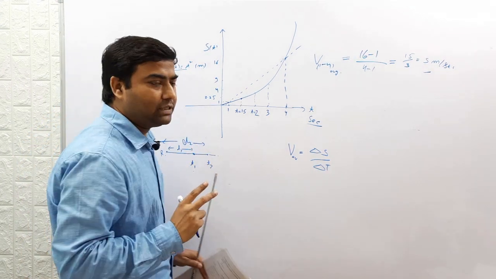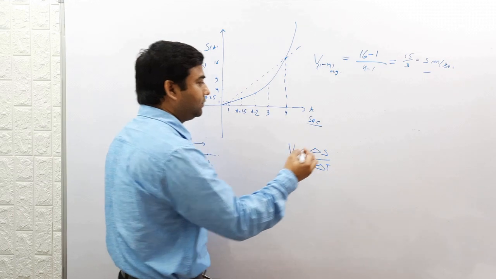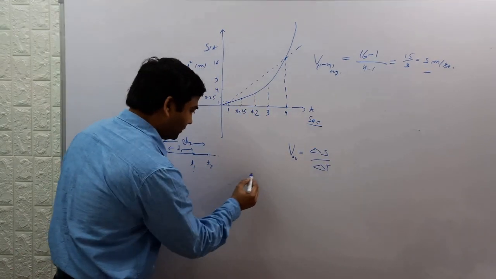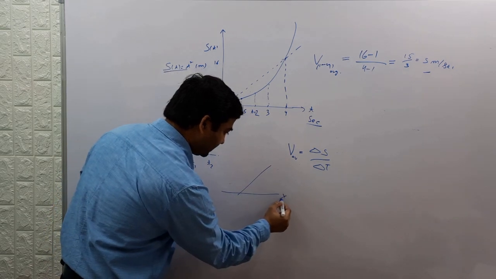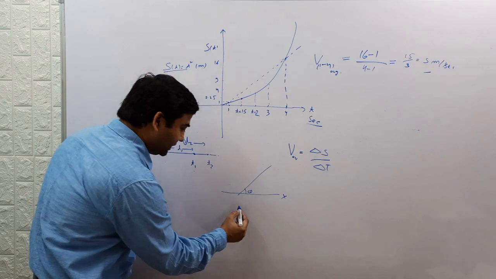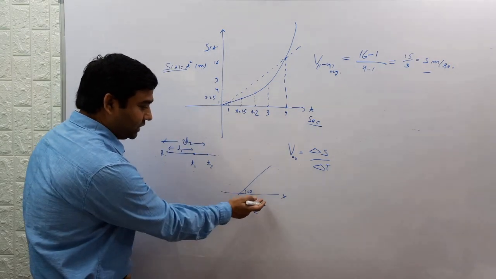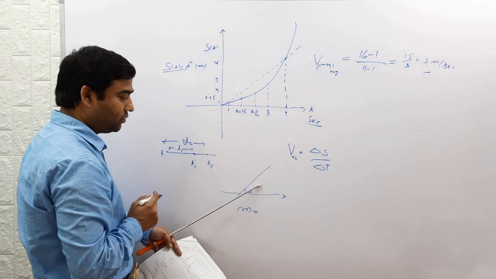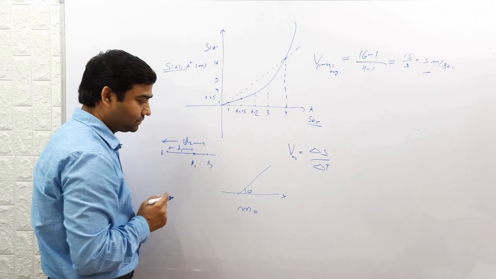And we know the definition of the gradient of a line. What is the gradient of a line? For a given line, with the x-axis, it makes an angle theta. The gradient m is defined as the vertical height covered per unit horizontal distance.